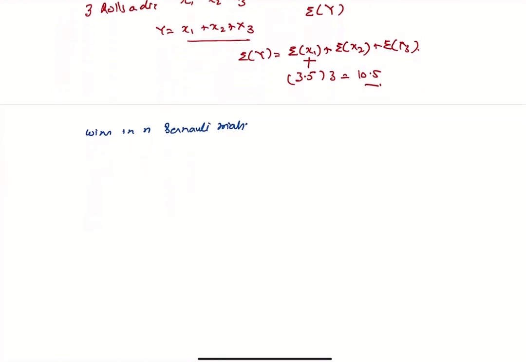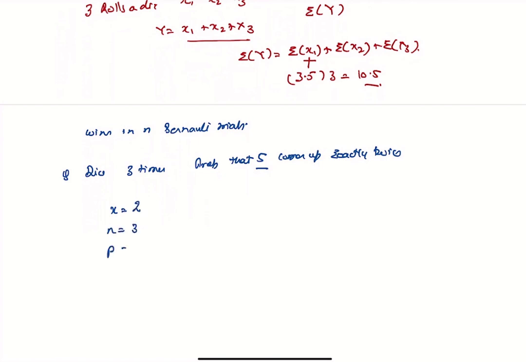So question: a balanced die is rolled 3 times. What is the probability that 5 comes up exactly twice? So now 5 is the success. Here x is equal to 2, n is equal to 3, and the probability of 5 is still 1 by 6.